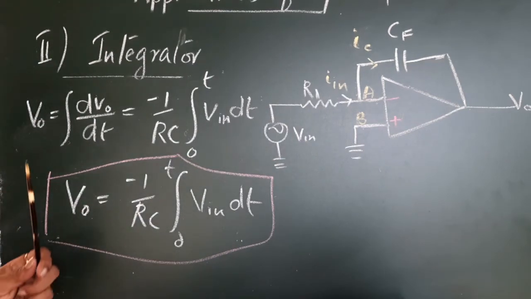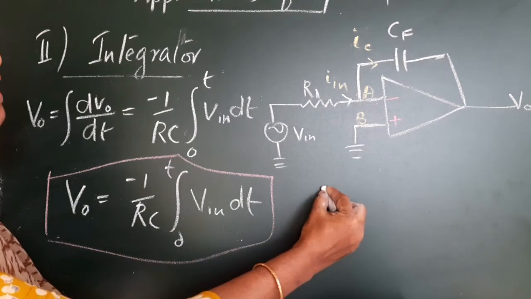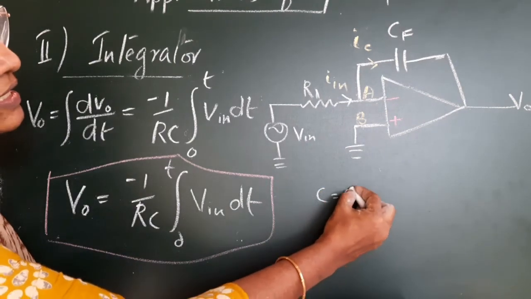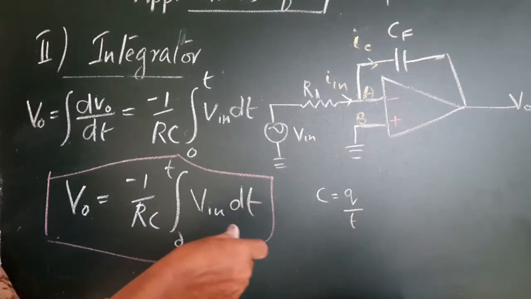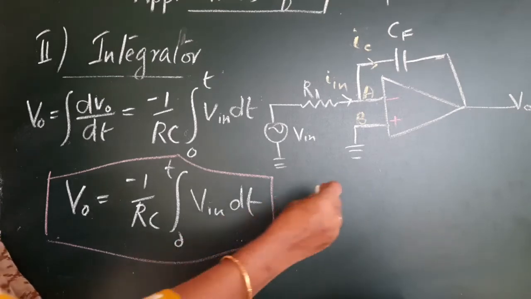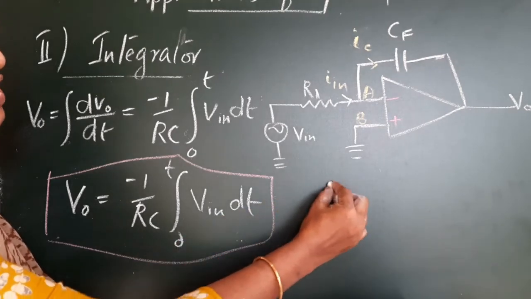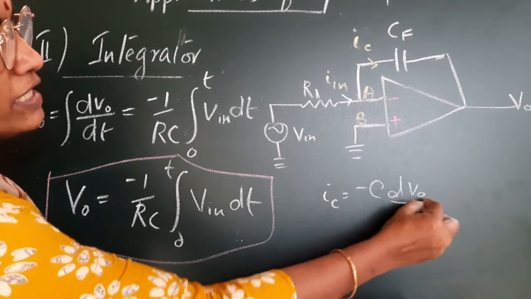We got an expression for IC, starting from the basic concept that C is equal to dQ by dV. Then we substituted for Q in terms of current and finally got the expression for IC as minus C dV0 by dt.